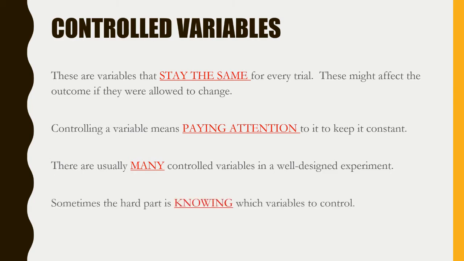Sometimes the hard part is knowing which variables to control. That's a big part of science overall, figuring out which variables to change and their overall effect. In a lot of science experiments, there are tons of variables, and you have to pick and choose which ones to control and which ones you want to change or measure as a result of your test.